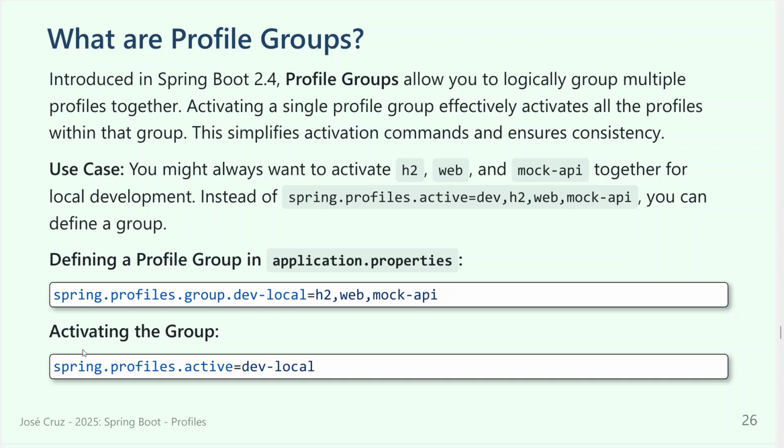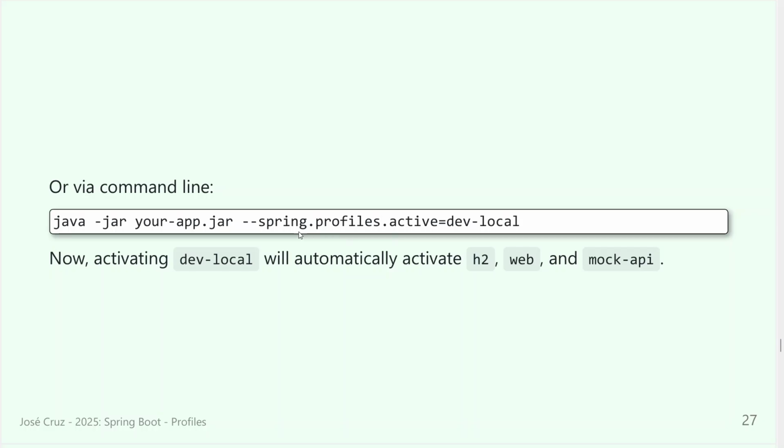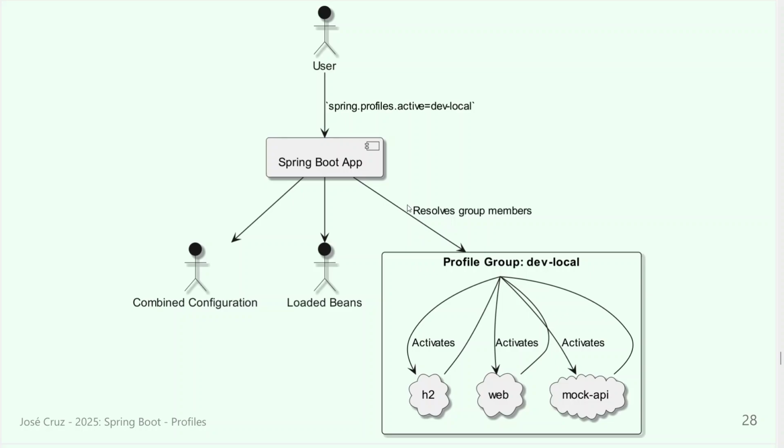And then rather than activating these three profiles, you just set spring profiles active and you put the group name that you wrote here, and it will automatically activate all the beans and properties related to these profiles. The same applies for the command line. It's the same property. And this is just a visual way to explain what we were saying.